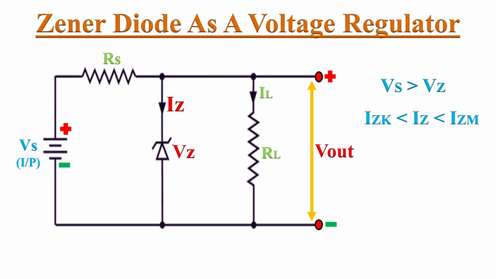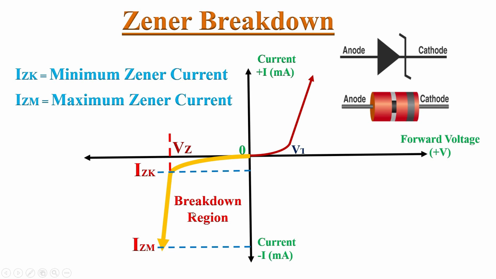So for any Zener diode, when the applied voltage Vs is more than the Zener voltage Vz and the Zener current is in between IZK and IZM, then we can say that Zener diode is operating in breakdown region, and in this breakdown region there is hardly any change in the voltage across the Zener diode, or we can simply say that the voltage across the Zener diode is constant.